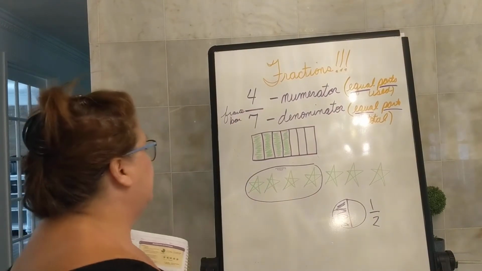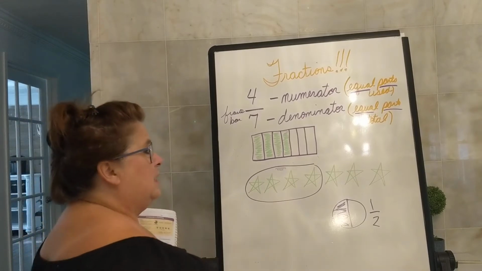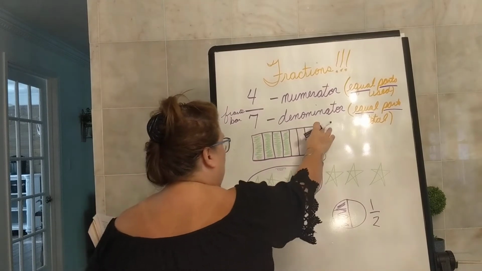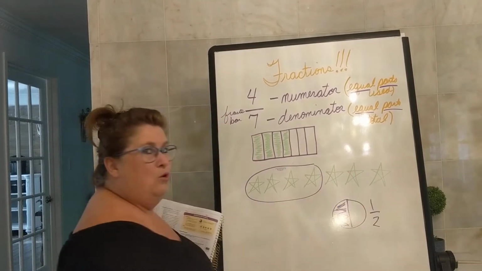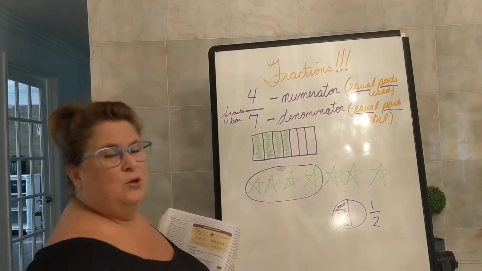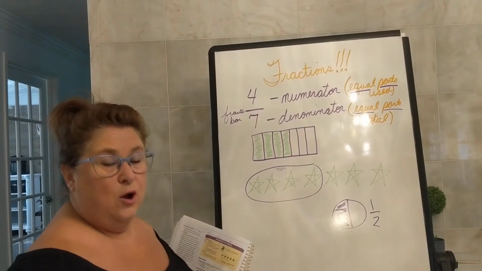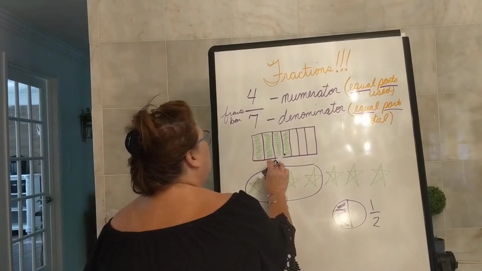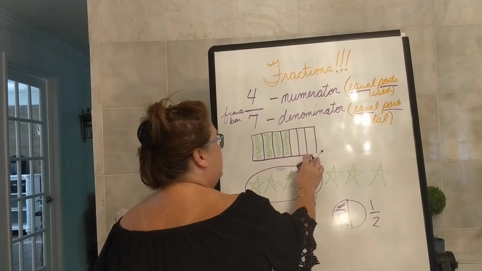Also, what you have to realize about fractions is that we can talk about a whole, like a whole rectangle, or we can talk about a group of things. Like in my rectangle right here, I tried to make them look perfectly equal. Just pretend they are perfectly equal. I have 1, 2, 3, 4, 5, 6, 7.